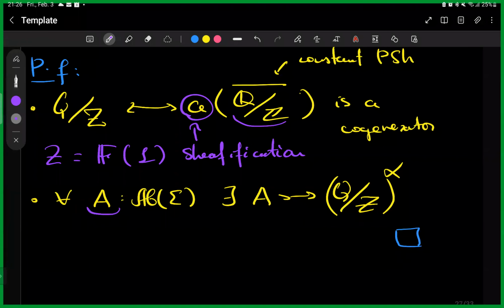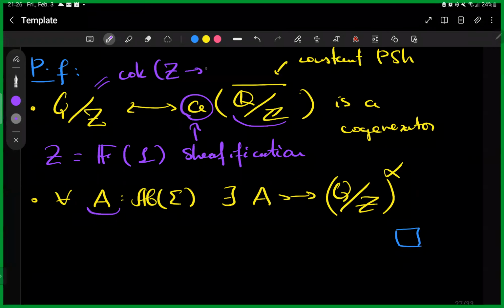The quotient is once again an abelian group object in our topos, because as we saw earlier, the category of abelian group objects is abelian, and that means that we can take quotients. We can take cokernels.